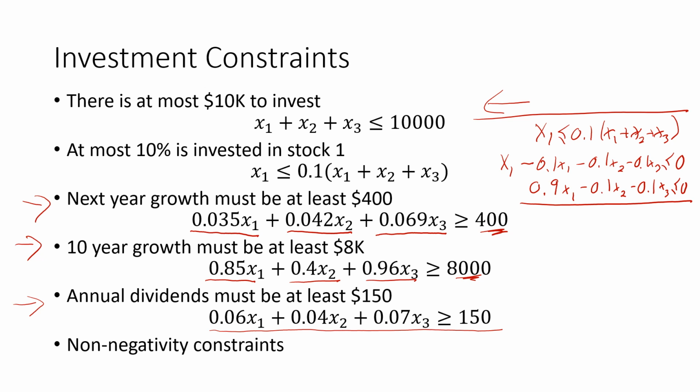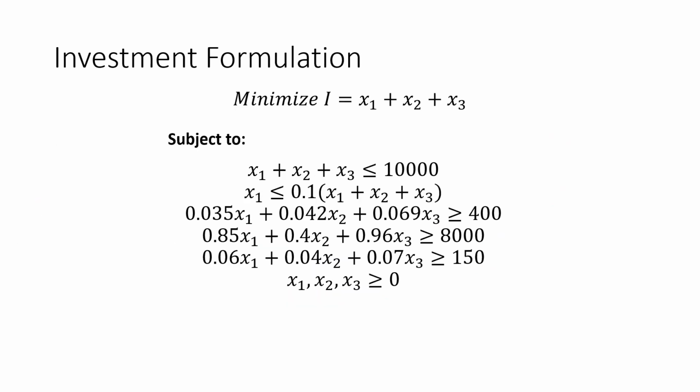Then finally, you have your non-negativity constraints. Well, you can't invest a negative number, so each of my variables has to be non-negative. And there are my constraints. All of that put together gives us this formulation for our linear program.